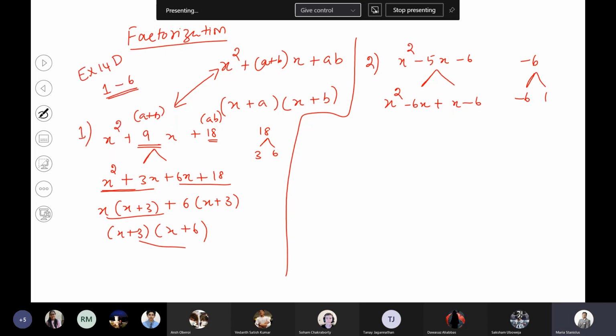Let's group these two. If I take x as a common factor, it would be x minus 6. Plus, if I take 1 as a common factor, it will be x minus 6. So x minus 6 is a common factor in both of these terms. Therefore, the remaining factors in both the expressions would be x plus 1.